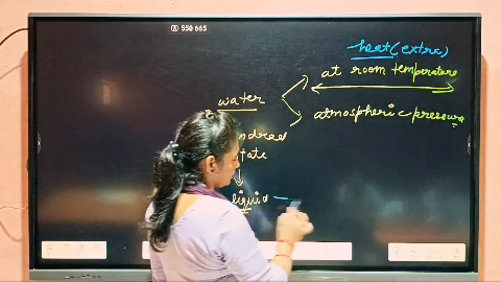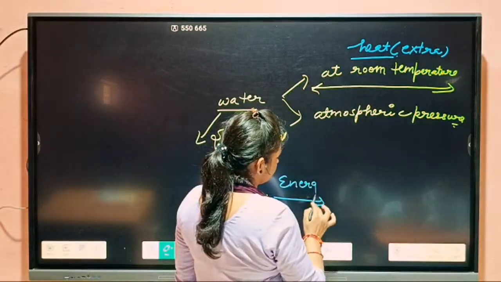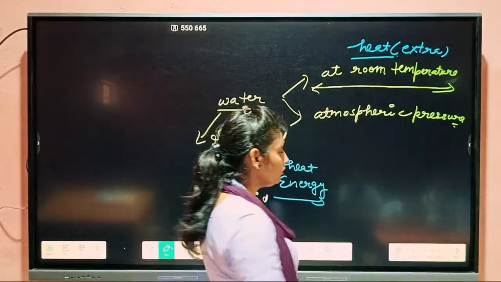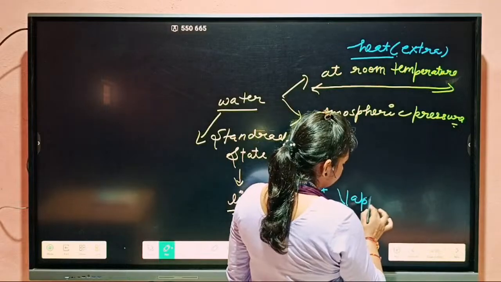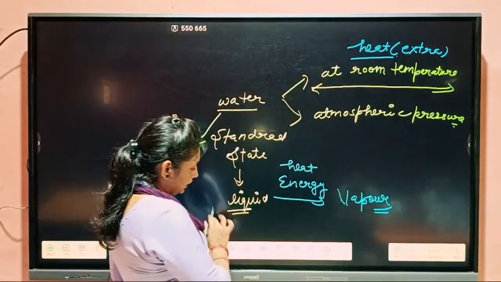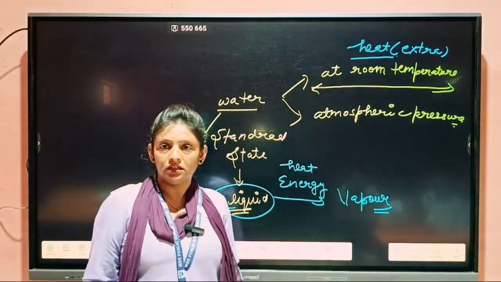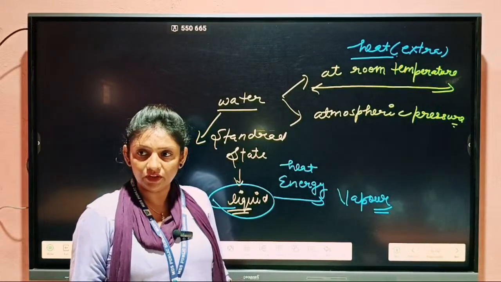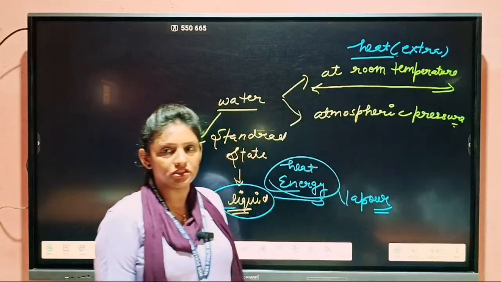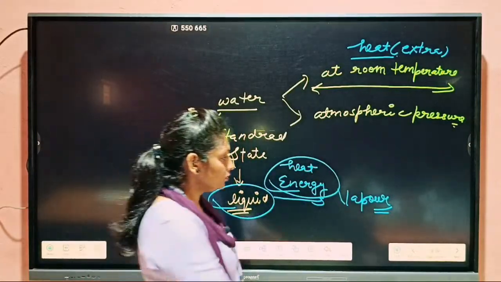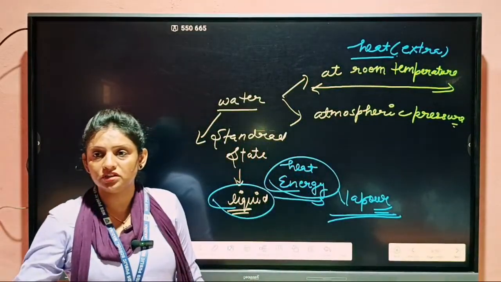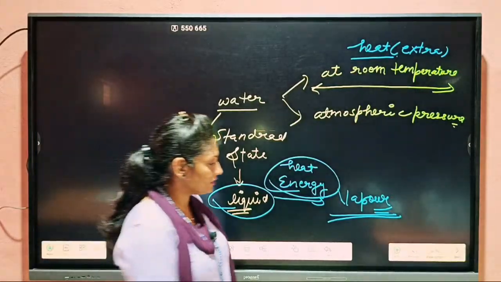After absorbing heat energy, it can convert into vapors. Here in the standard state, it exists in liquid state. But if we change any one property, here we are changing the temperature by giving heat, it can be converted into vapors. Its state can be changed. Clear or not?